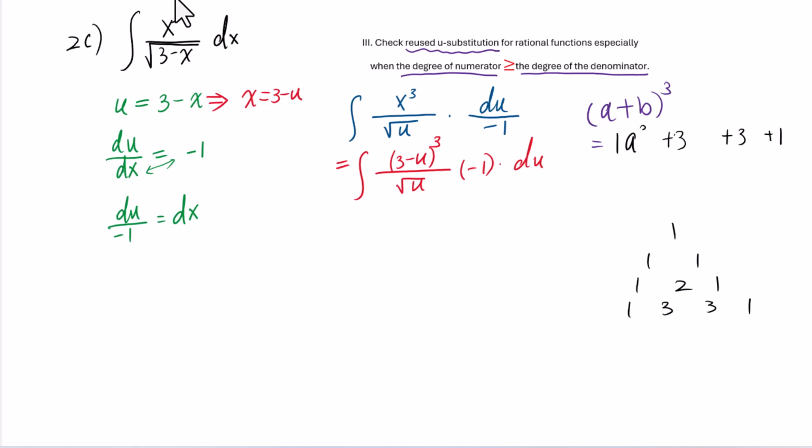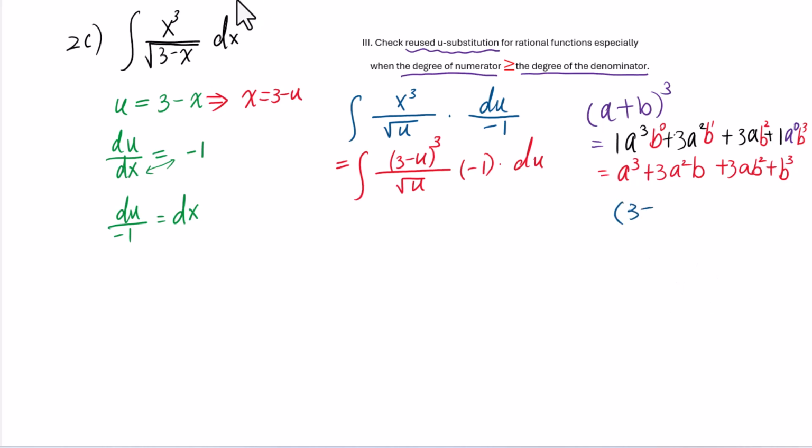A to the third power, a squared, a to the 0 power. Then we add b to the 0 power, b to the first power, b squared, b to the third power. Organize: a to the third power plus 3a squared b plus 3ab squared plus b to the third power.